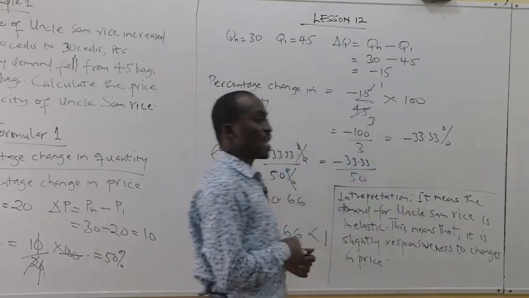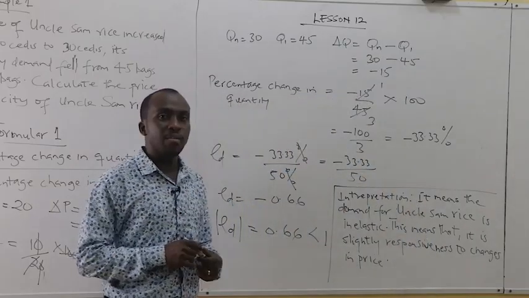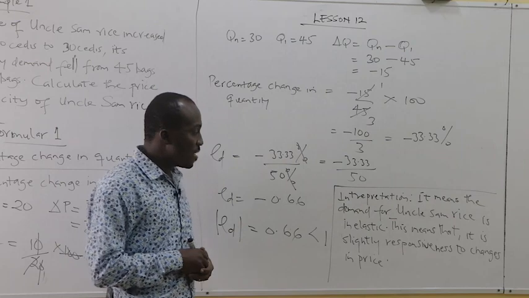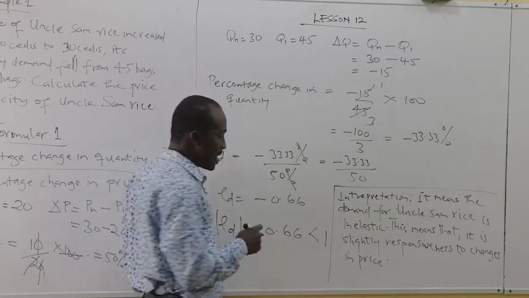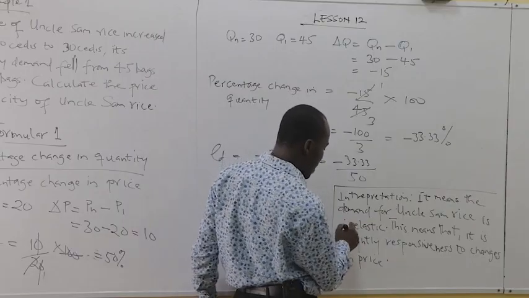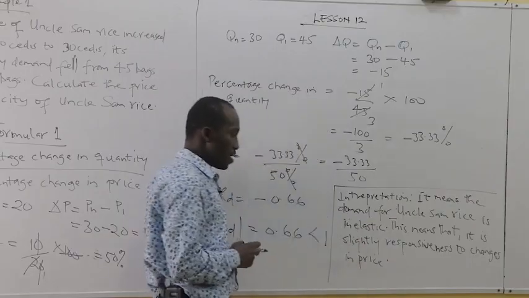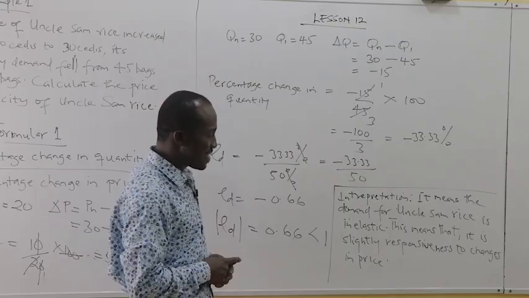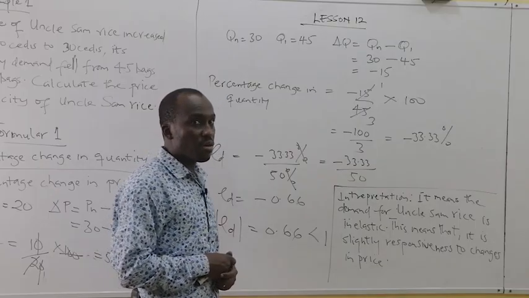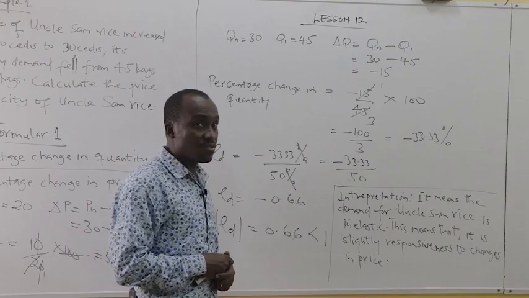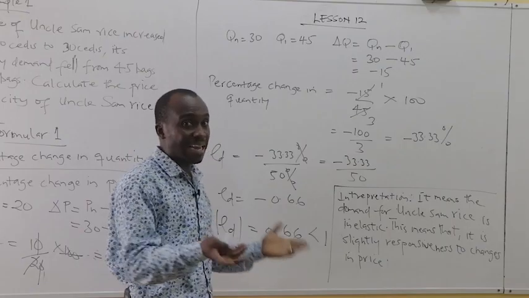So I told you that when the elasticity is less than 1, it means that the commodity is inelastic. So the demand for Uncle Sam rice is inelastic. What does it mean? That it is slightly responsive to change in price. So even if the price increases, Ghanaians will still be buying. Only few people stop buying, but they like the rice.